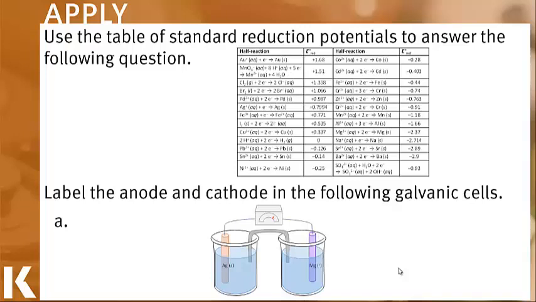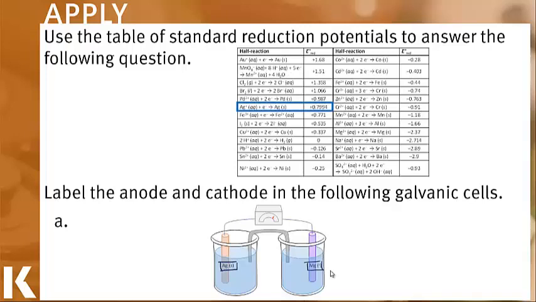When I look down at the bottom, I see that I have two different things. I have solid silver in my left half cell, and I have solid magnesium in the right side of my half cell. So I have to use the chart above and find silver and magnesium.